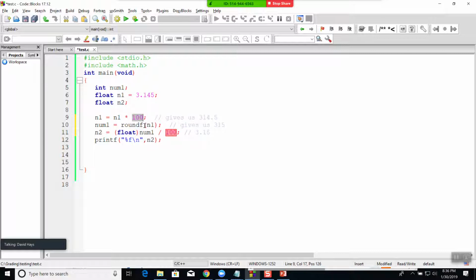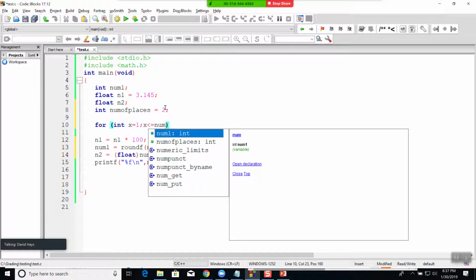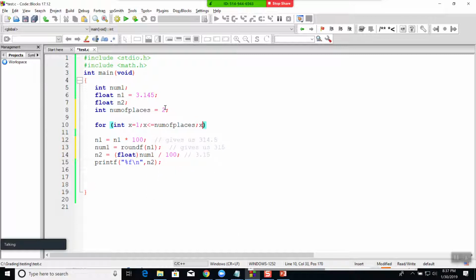You just have to. What do you have to do? Number of places rounded to. Let's say that's equal to 2. You don't want to sit there and hard code necessarily 100 and so forth. So you'd have a for loop, int x equals 1, continue while x is less than or equal to number of places, x plus plus.